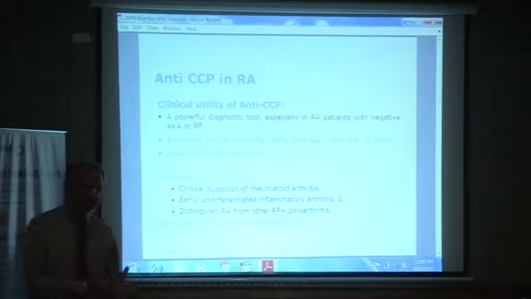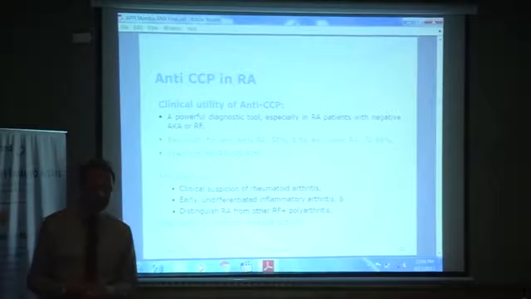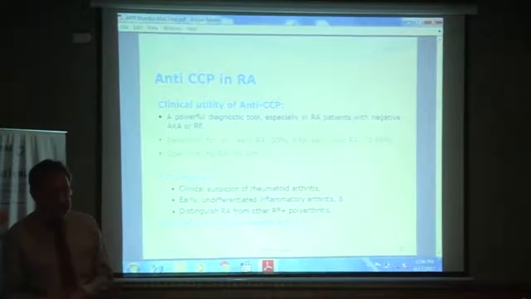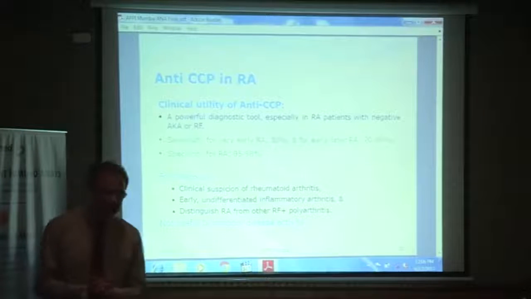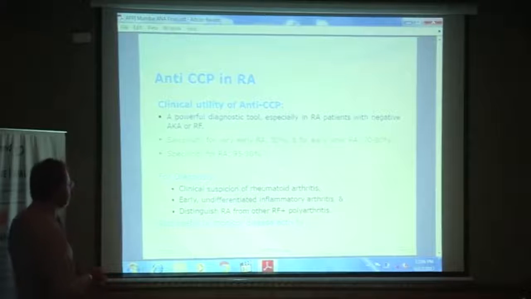Drifting a little away from ANA for a while, let's talk about something which is again very common in clinical and lab practice, that is rheumatoid arthritis. We have a new test which has been there for almost a decade now, that is anti-CCP, an antibody against cyclic citrullinated peptides.